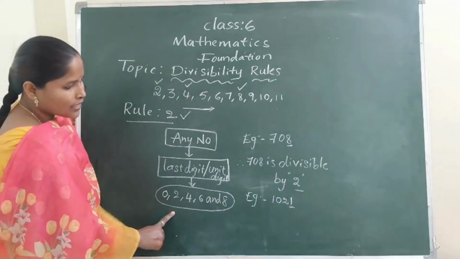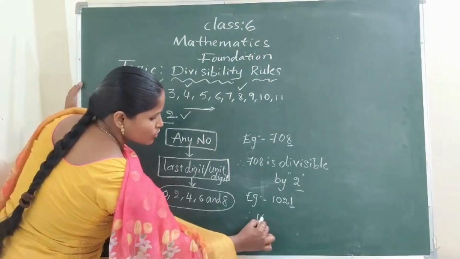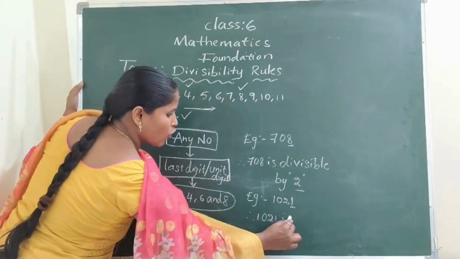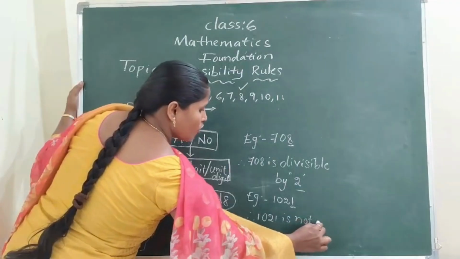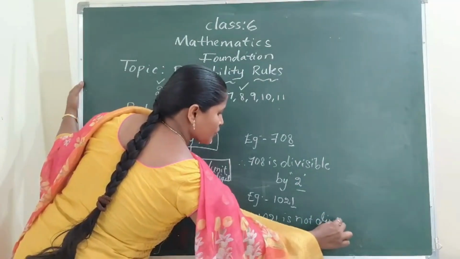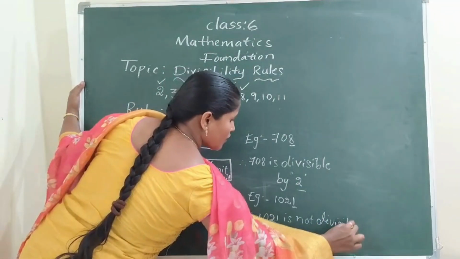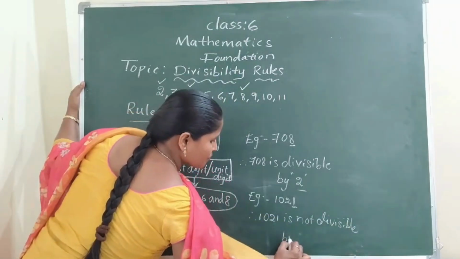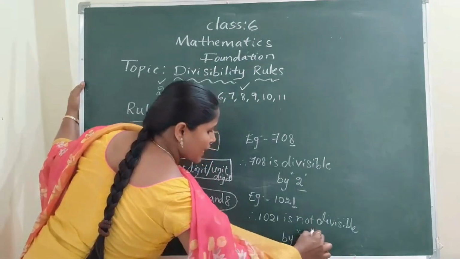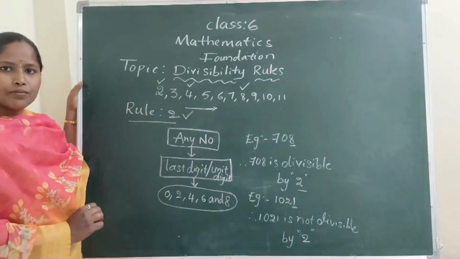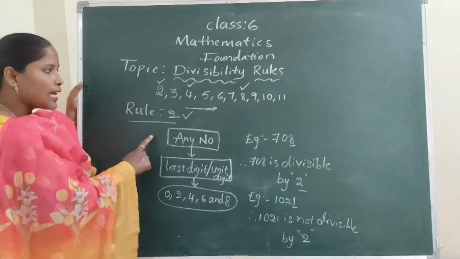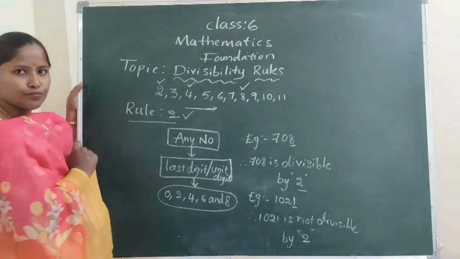No, it is not there. So 1021 is not divisible by 2. Understand? If you understand rule 2, I will explain rule 4.